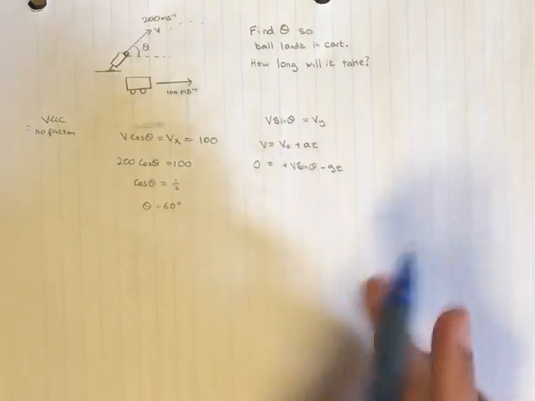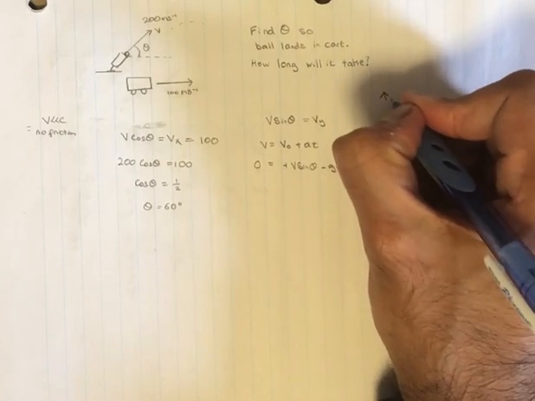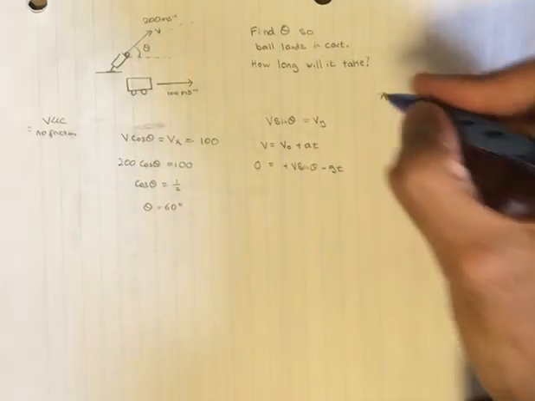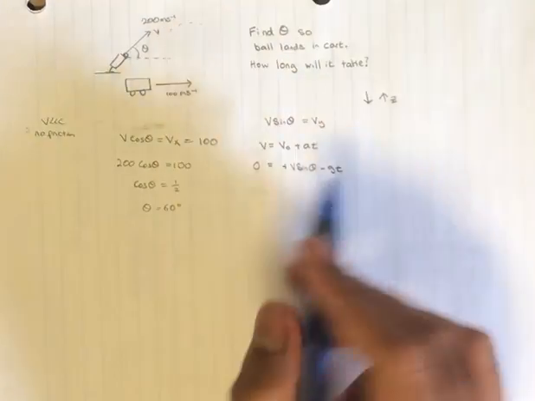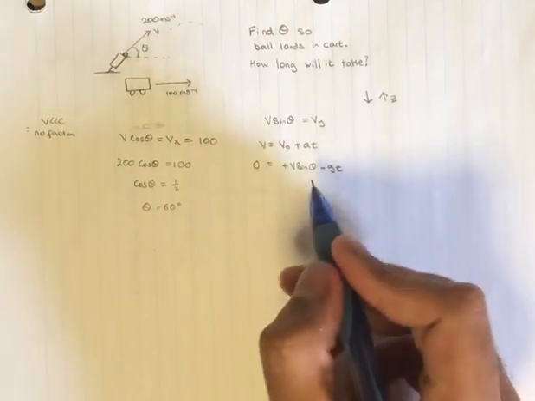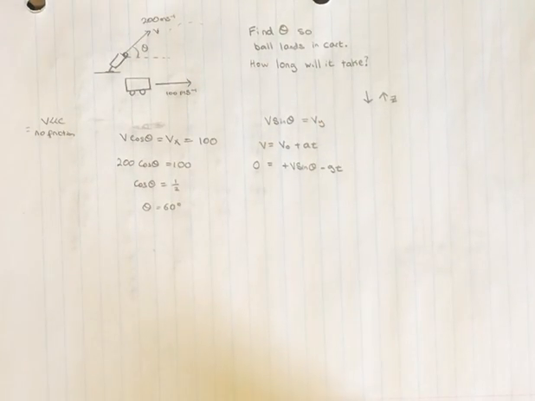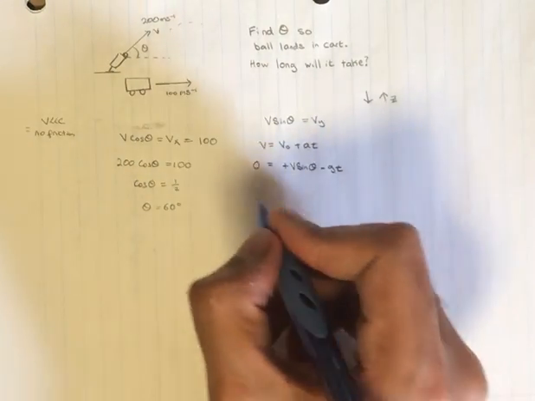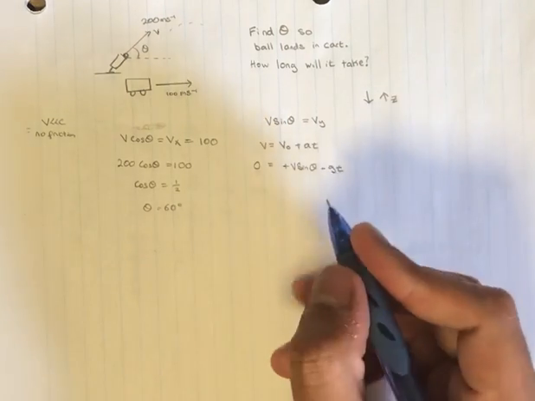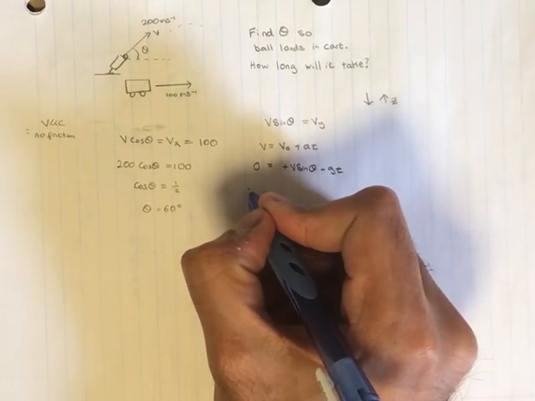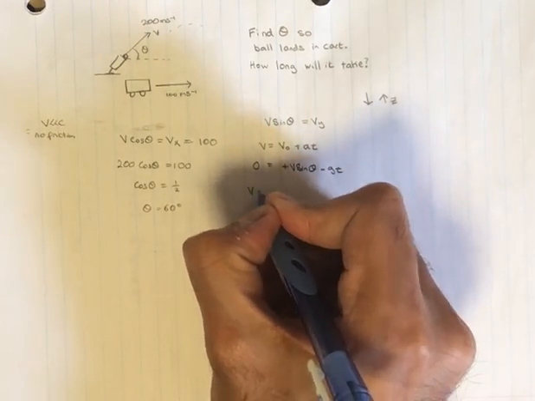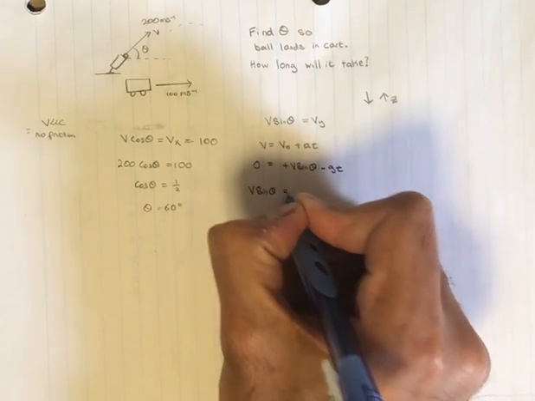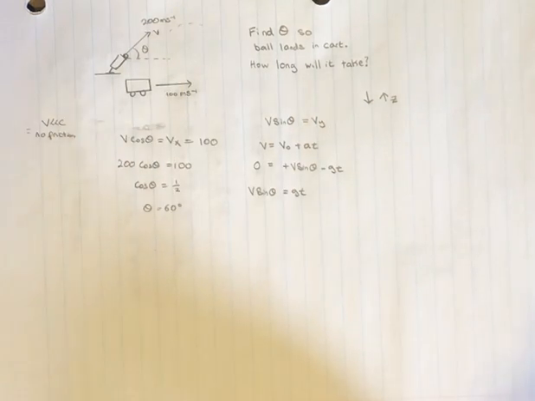We take g to be negative because we define z in this direction, and gravity works downwards. So this ends up being a plus and this minus. So as a result of that, we find that the time taken to go to the top is v sine theta equals gt.